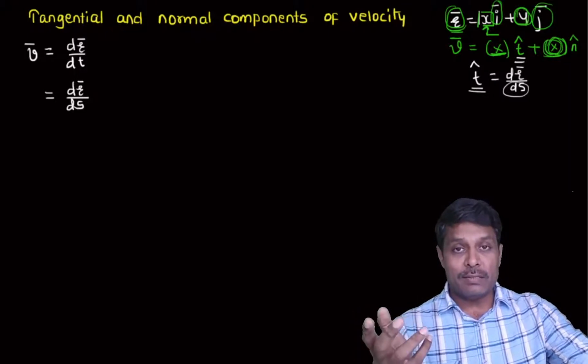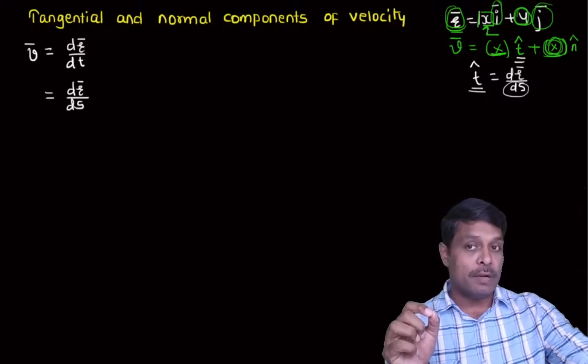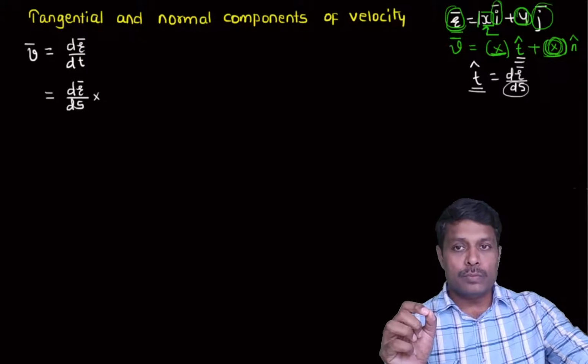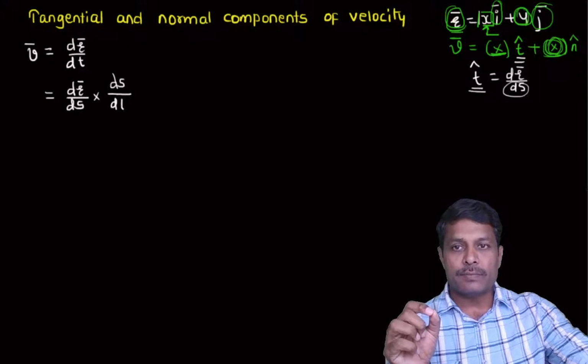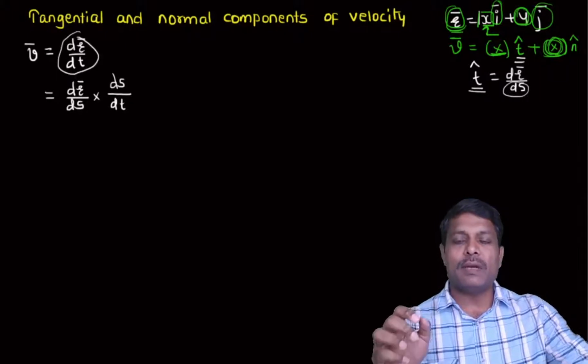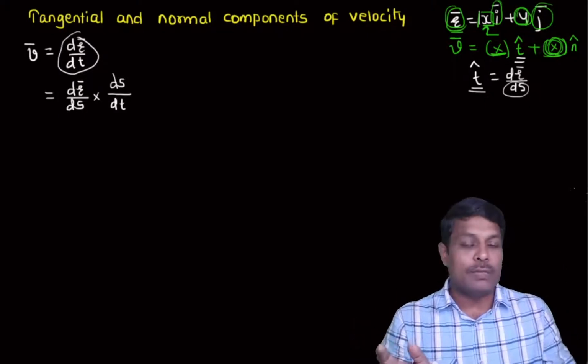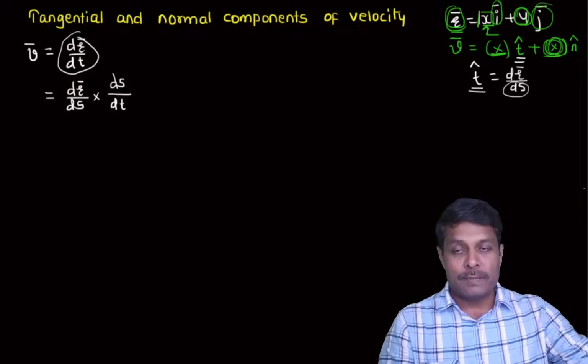I need it for the component. That's why I am purposely writing this according to the chain rule. I have to write ds here and dt here. So I split that derivative using the chain rule like this.